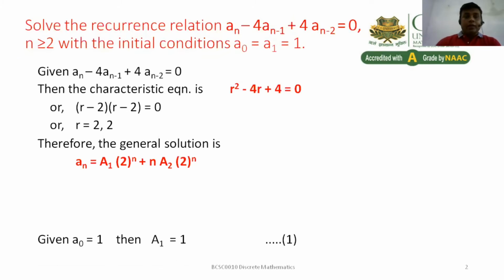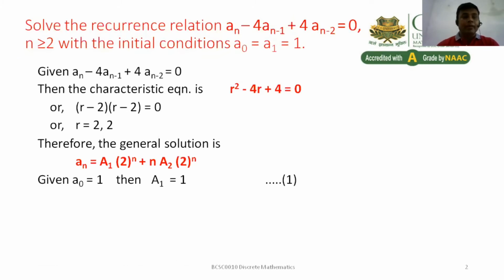Now, since we have been given the initial conditions, that is a_0 equals 1, we can put n equals 0 in this equation and you will get alpha1 equals 1, because this term becomes alpha1 and the other term becomes 0.